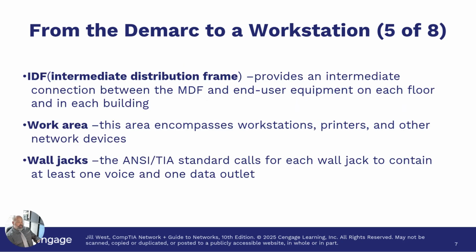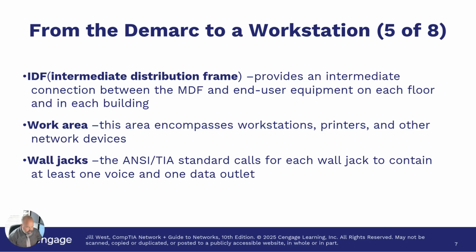So on the end user side, we've got some more things that we need to make sure we understand. We've got the IDF, which is the intermediate distribution frame. These are like network relay stations. They take the signal from the main hub and distribute it locally to each floor or section. We've got the work area, which is where all the magic happens for the end users, which is desks, printers, anything else that needs IP addresses nowadays.